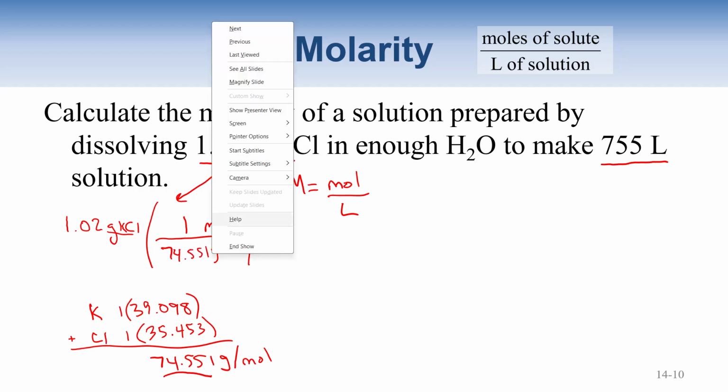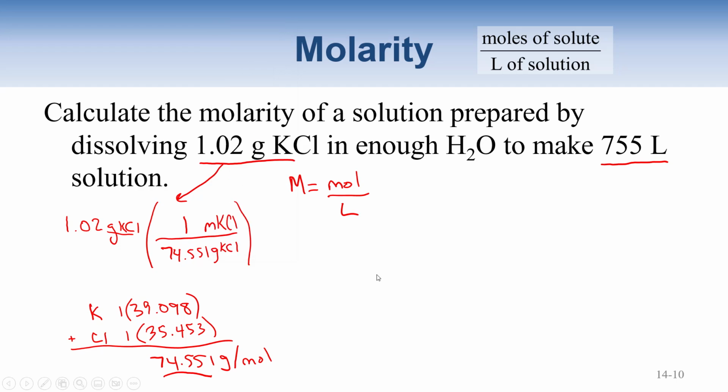That's how many grams in 1 mole. When we do the math here, we're going to multiply across the top and divide away the bottom. And we get 0.01... The units here should say mole. Grams is going to cross off. We're ending with moles of KCl.